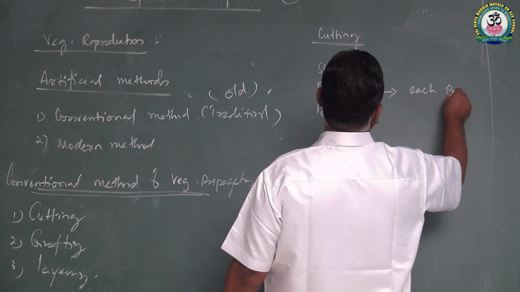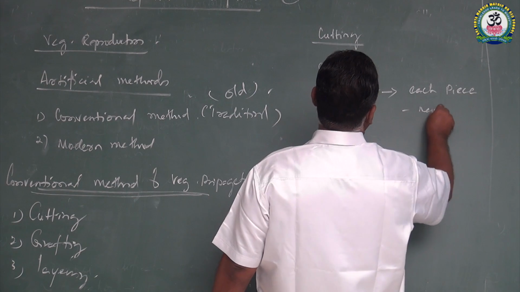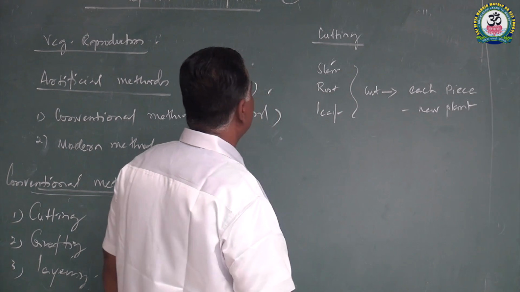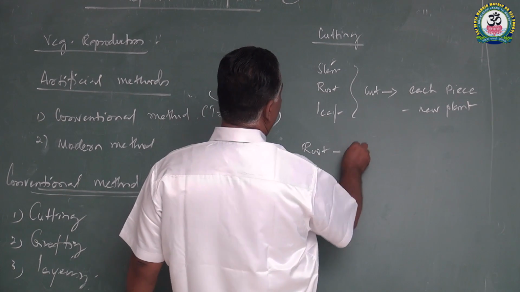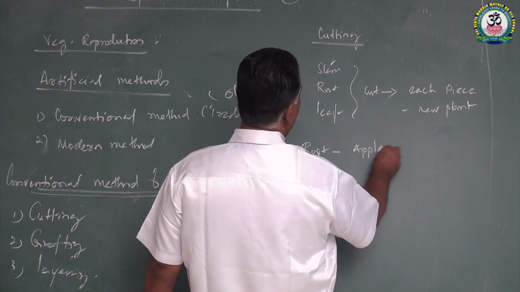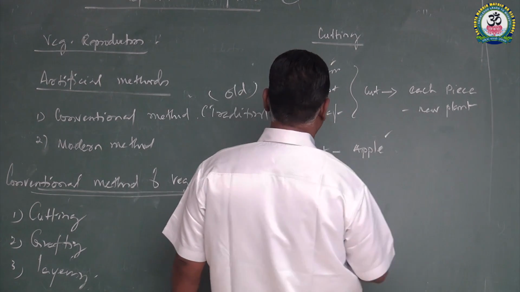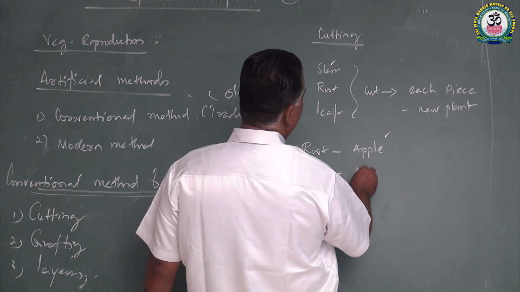Each piece will grow into a new plant. So for root cutting, apple, some part of the root can also propagate into a new plant. And stem cutting, moringa.